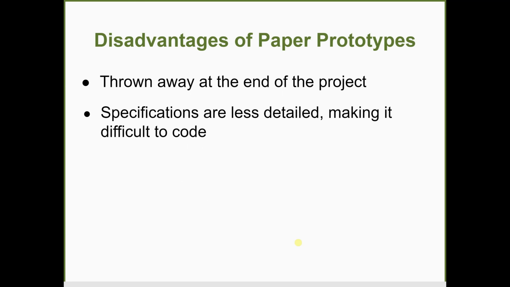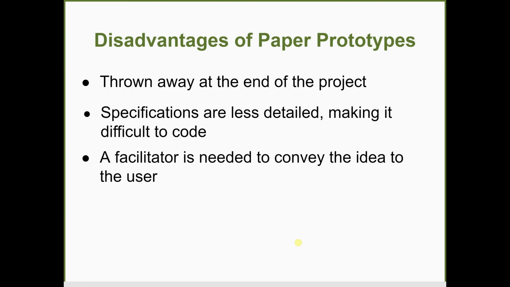Secondly, specifications are less detailed, making it difficult to code. But to convey specifications to engineers, designers can add notes or create a design document to convey important messages to the coder. Thirdly, a facilitator is needed to convey the idea to the user. These days, we have software that can do a lot of work that facilitators used to convey ideas to users.